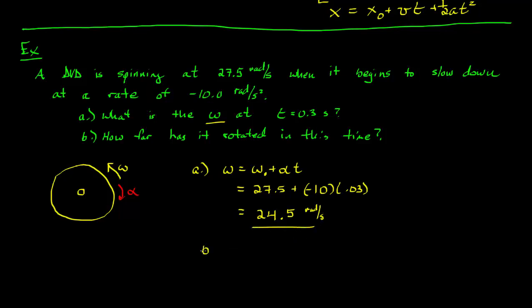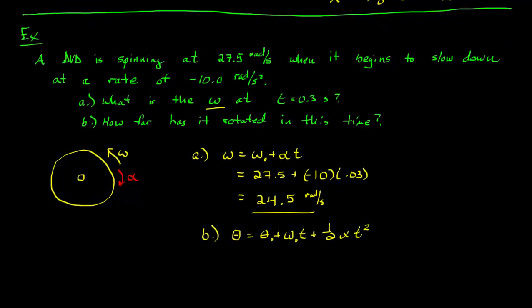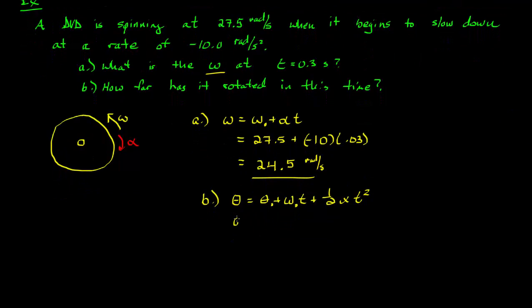B, how far did it go? Well, that would be my position. So the initial position plus the initial angular velocity times t, plus one half angular acceleration times t squared. Again, it's just a substitution problem. We'll put the initial position at 0.